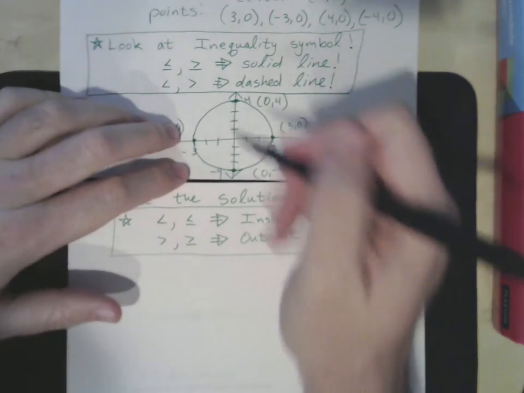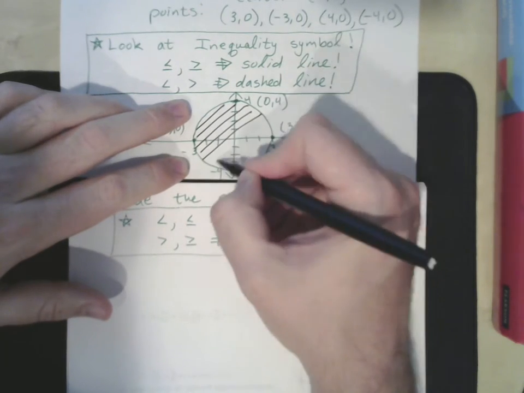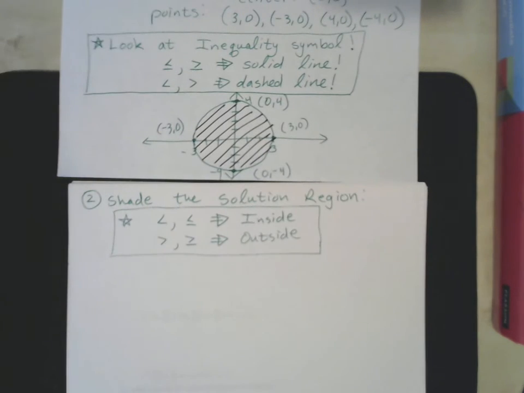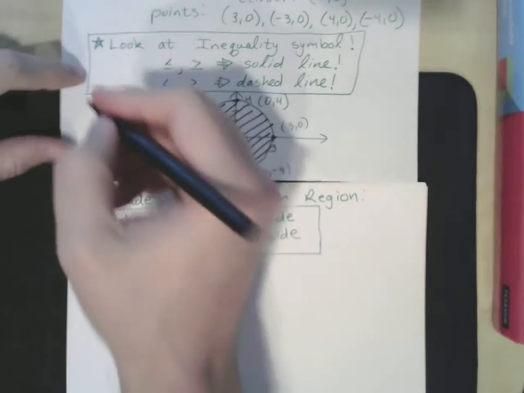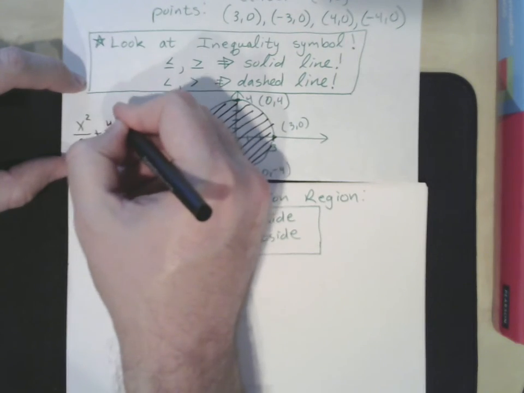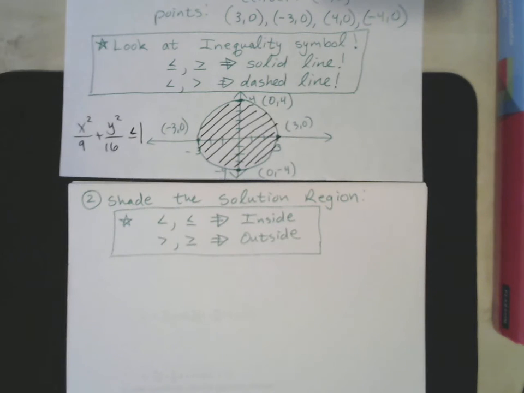So then when we go to shade, we shade inside like that. And then this is x squared over 9 plus y squared over 16 is less than or equal to 1. So any point that you pick that's inside or on the ellipse will satisfy this inequality.